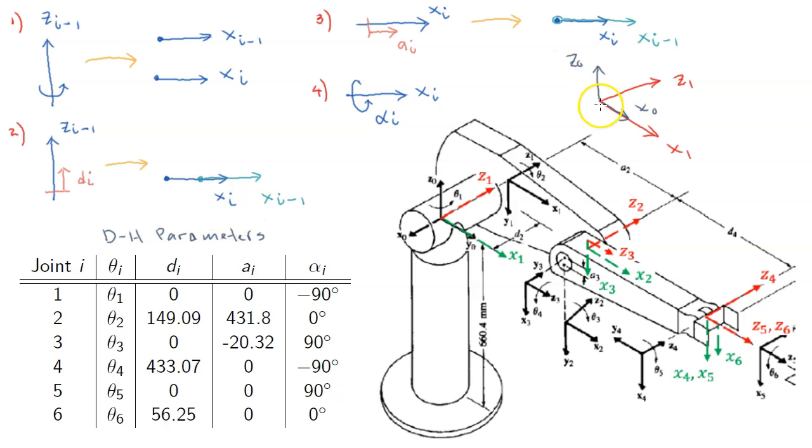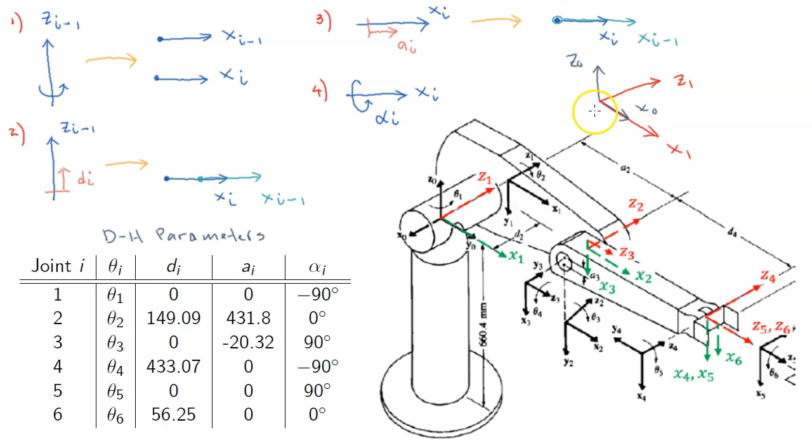Because they are already in the same line, we don't have to translate in Z0, so therefore d1 is 0. Okay, next, to find a1, how much do I have to translate coordinate frame 0, this coordinate frame, in X1 to make the two origins coincide.